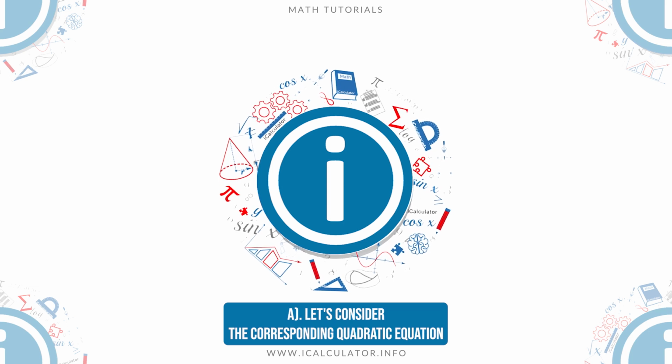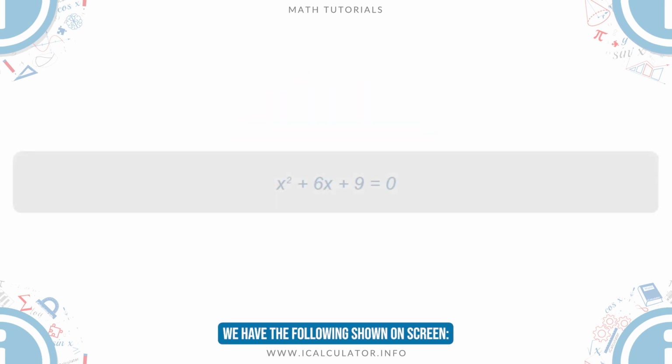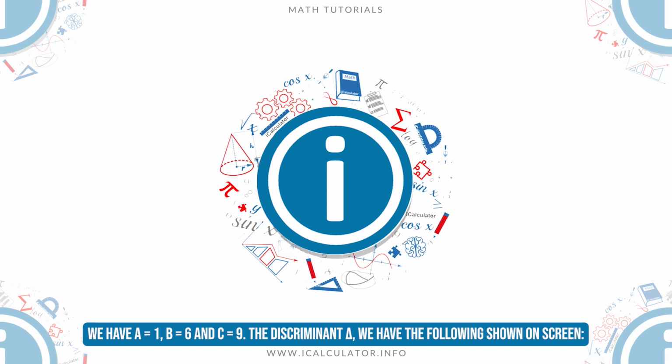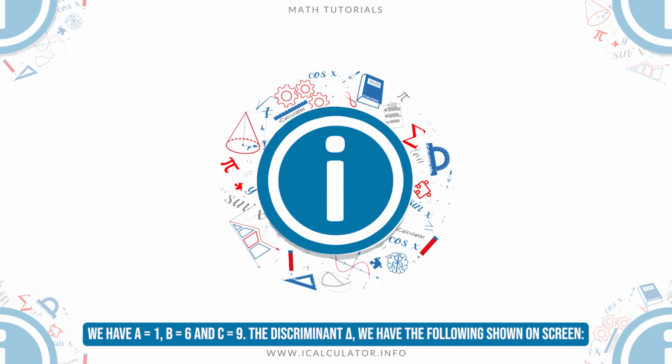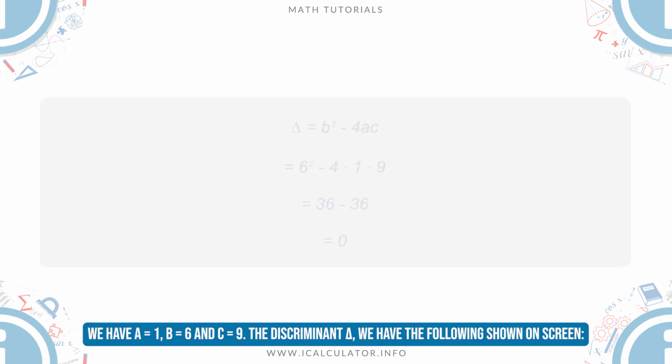A. Let's consider the corresponding quadratic equation. We have the following shown on screen. We have a equals 1, b equals 6 and c equals 9. The discriminant alpha, we have the following shown on screen.